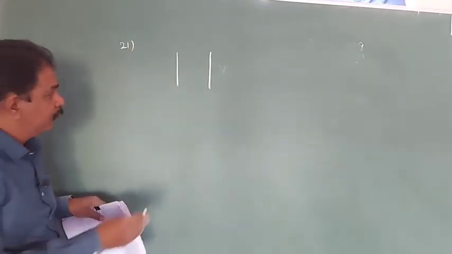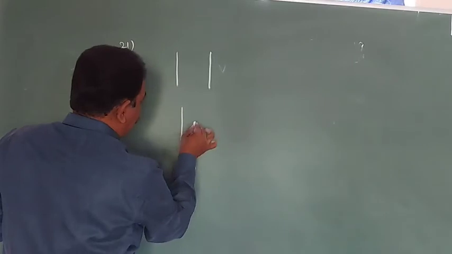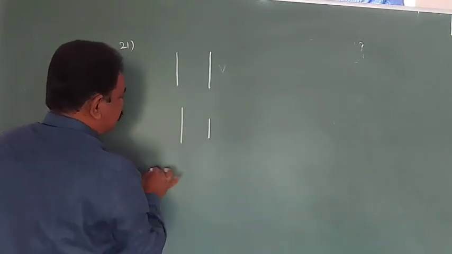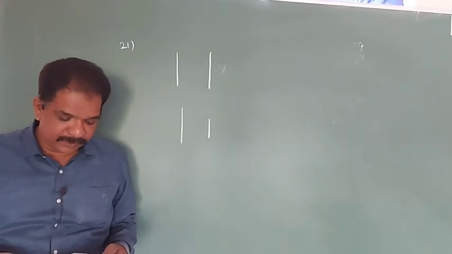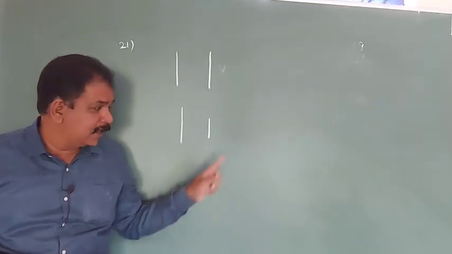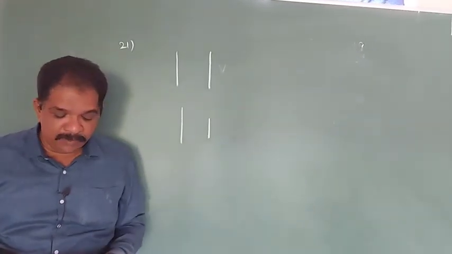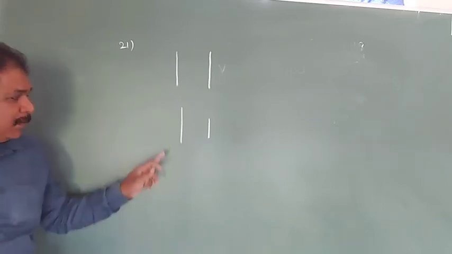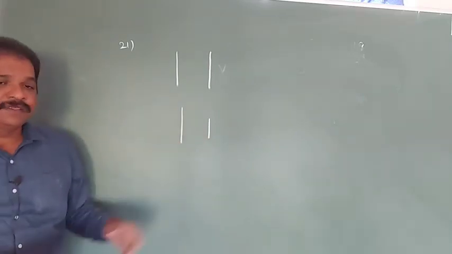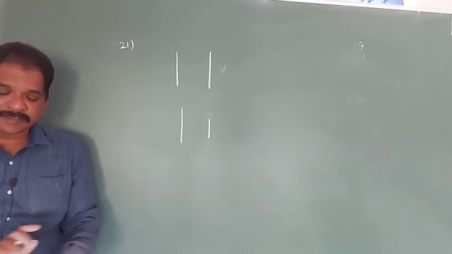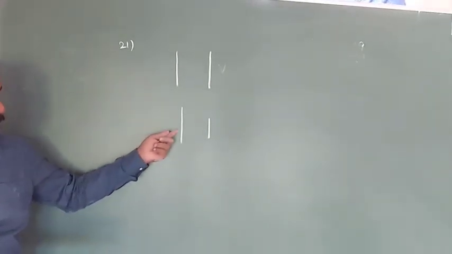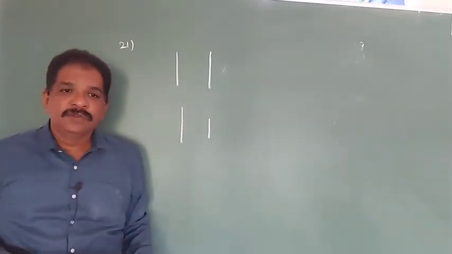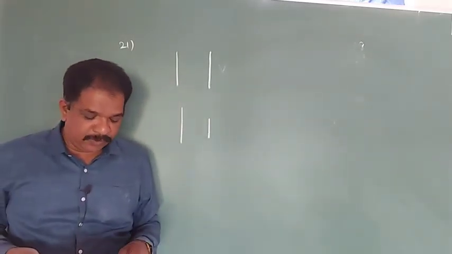If one plate is smaller compared to the other, then the charge on the smaller plate will be how much? The charge will be the same. Charge won't change. Understood? The charge on the smaller plate will be the same as the charge on the bigger plate. Both will be same only.